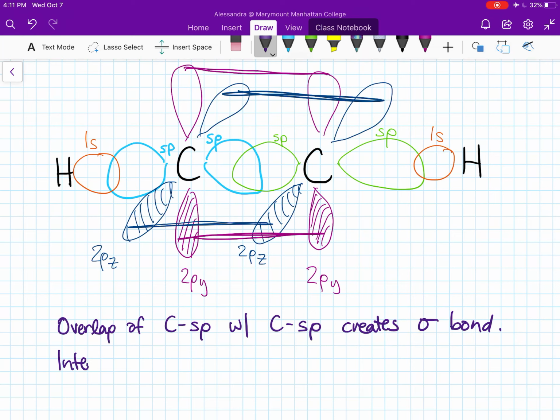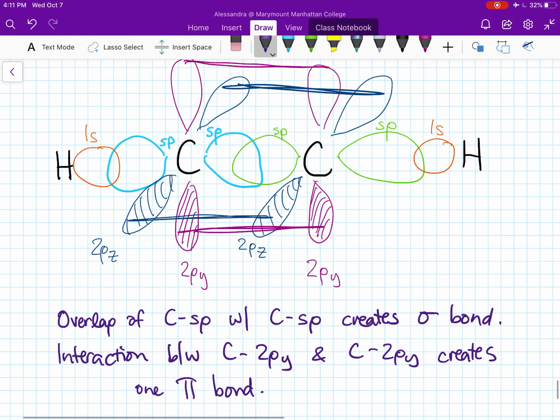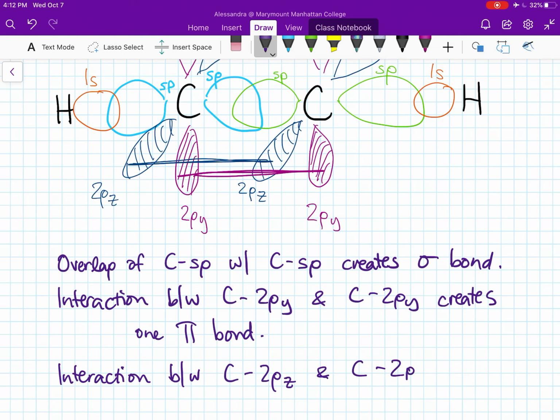Then the pi bonds are created by the interaction between carbon 2py and carbon 2py. That creates one of the pi bonds, the one I drew in this magenta color here. The interaction of the one I drew in navy blue makes the other pi bond. It's the interaction between carbon 2pz and the other carbon 2pz that creates the second pi bond.